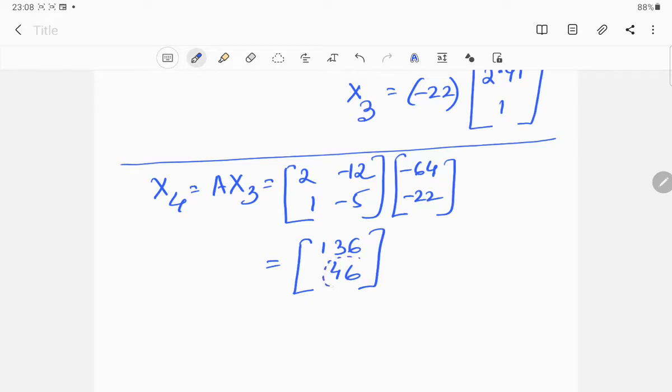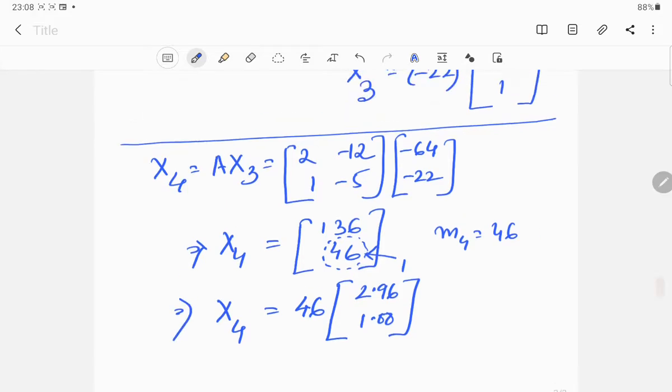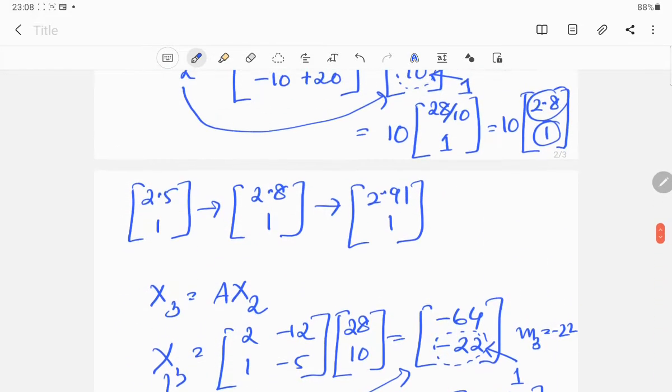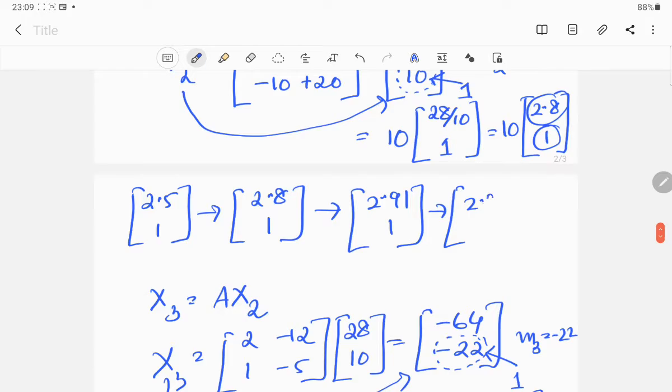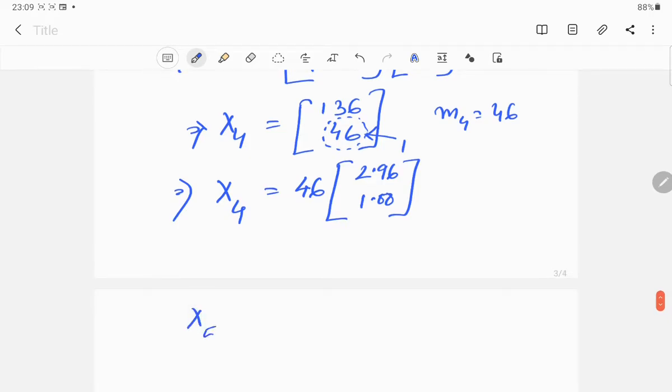So I will just make it 1. This time m4 equals 46. So I take 46 common, and it will be around 2.96 and 1.00. Okay, so this is x4. So the next step is 2.96 and 1.